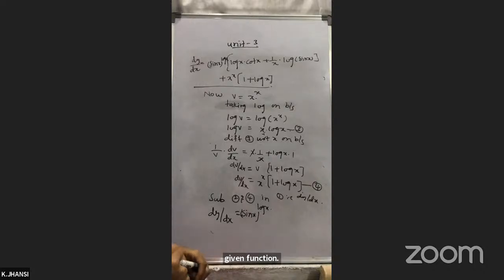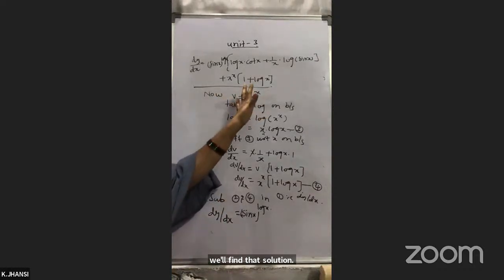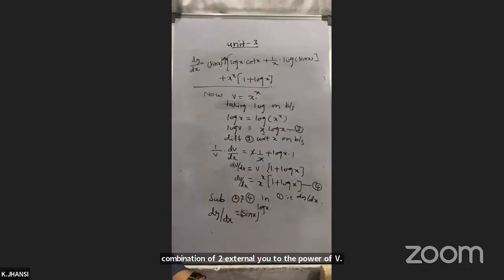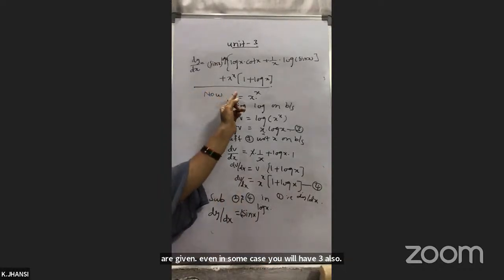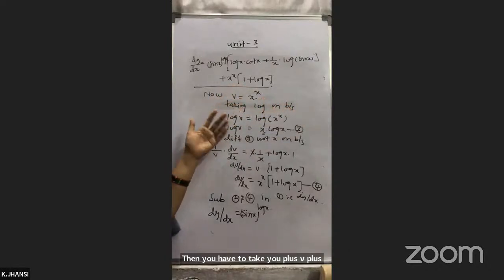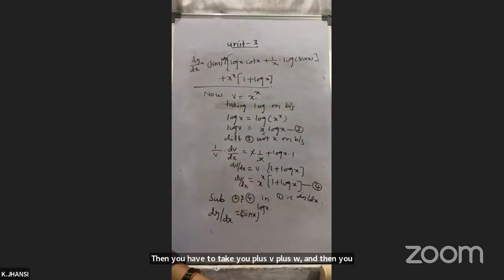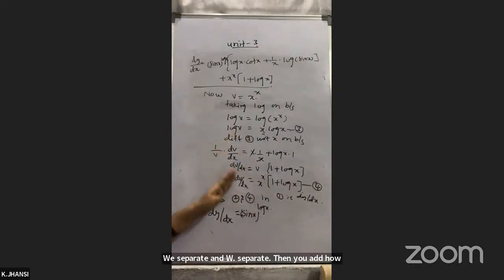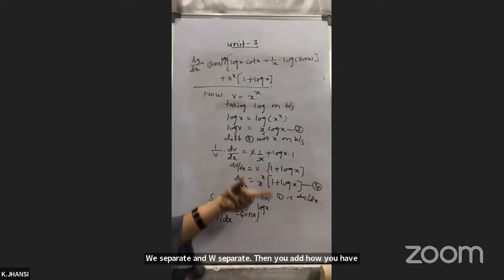So like this, we find the solution whenever two functions are given, that is, a combination of two functions like x to the power of u and v to the power. Even in some cases you will have 3 also. Then you have to take u plus v plus w, and find u separate, v separate, and w separate. Then you add, as you have added here, dy by dx equals du by dx plus dv by dx.